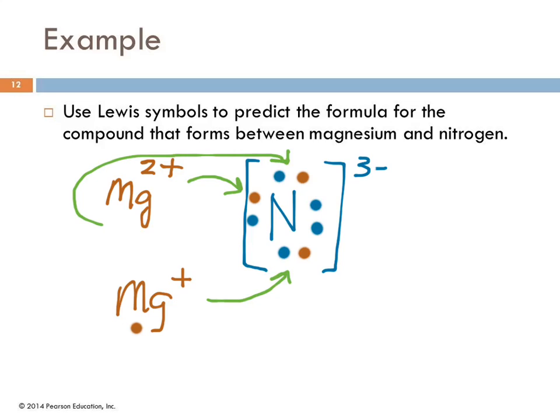Another nitrogen, right? Okay, so let's bring in another nitrogen. Five valence electrons. So this magnesium, say, here, take mine.